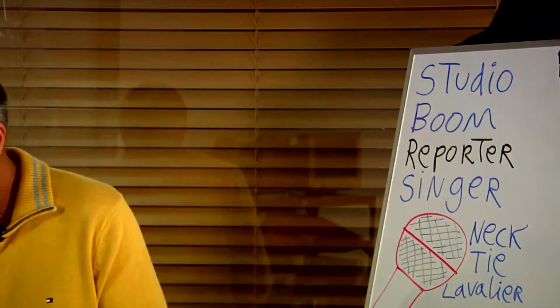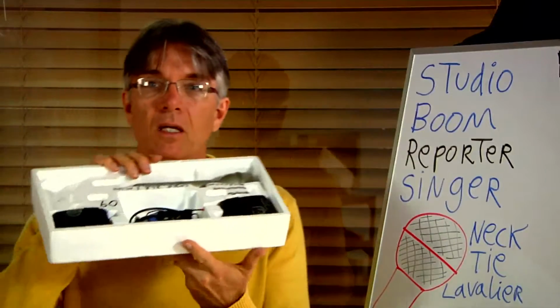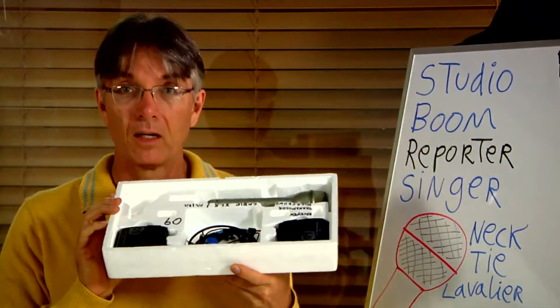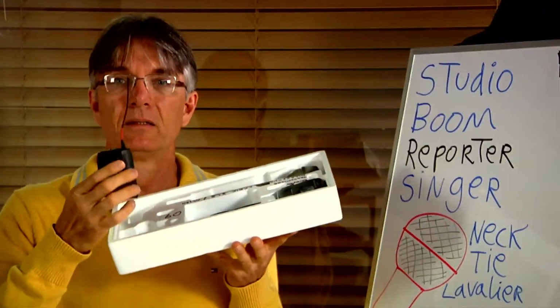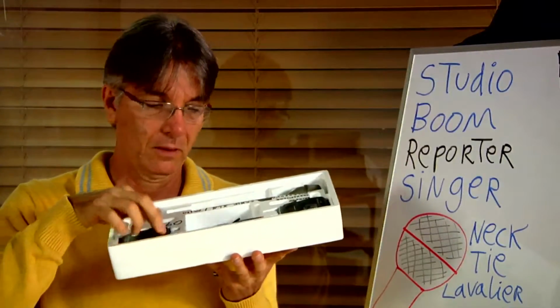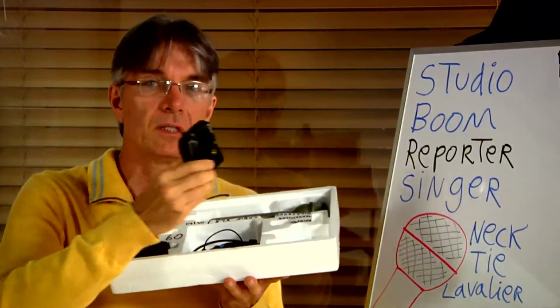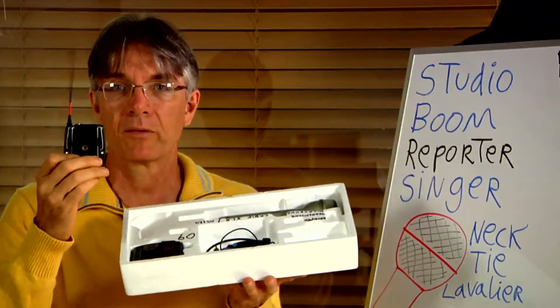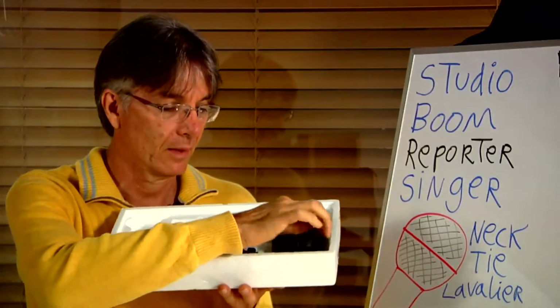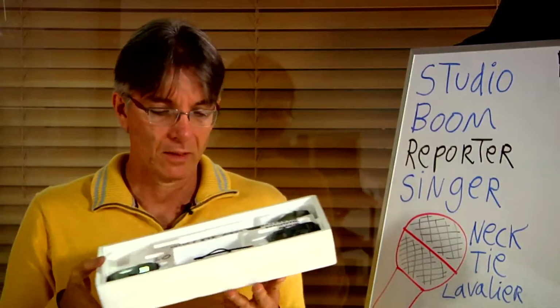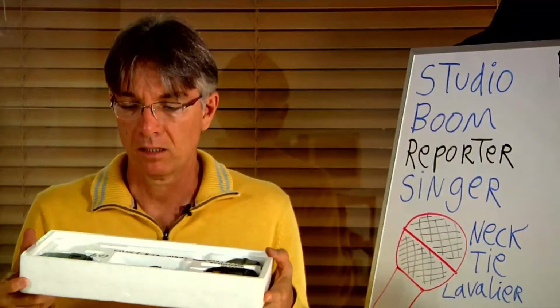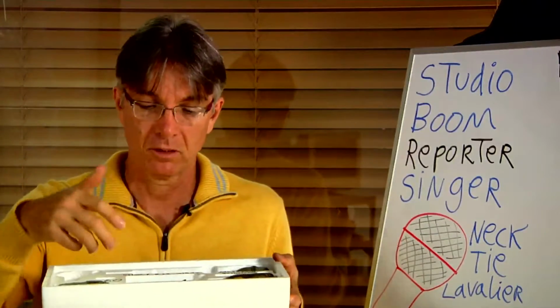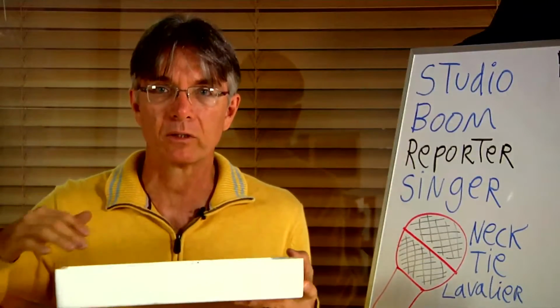And we have here the wireless version of the lavalier. So you have one that is the transmitter, and one that is the receiver and goes in the camera or the mixer or whatever you are recording with, and the cables. You keep it in a little box, unless you're in the field, then you just take it out, but always return it to the box.